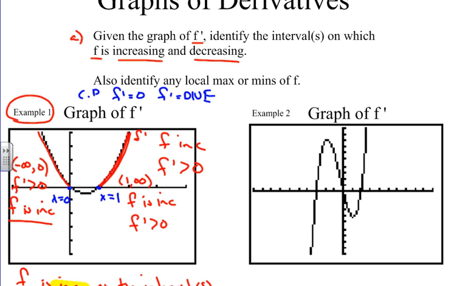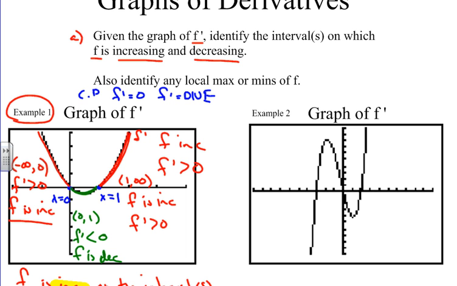Where f is decreasing, as we said before, is where f prime is negative. So on this interval from 0 to 1, we find that f prime is negative, or I can write it as less than 0. We see that in many textbooks. Therefore, f is decreasing on this interval.